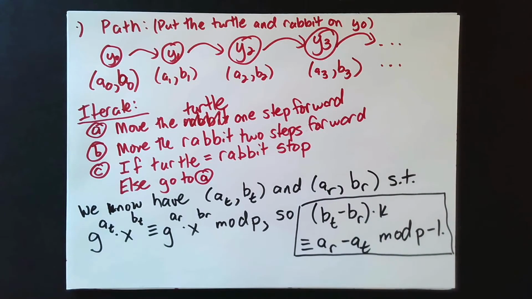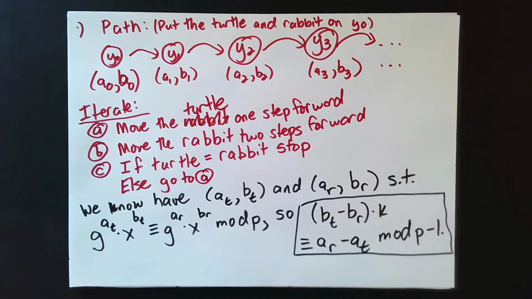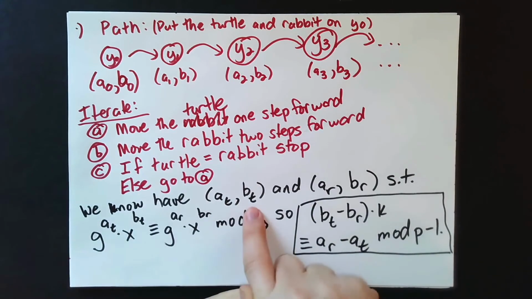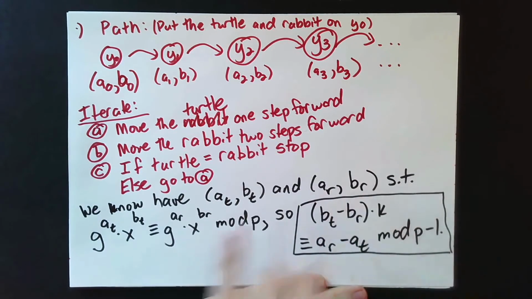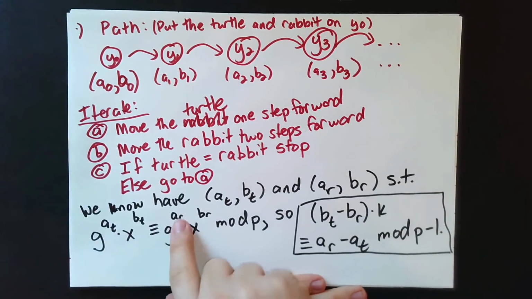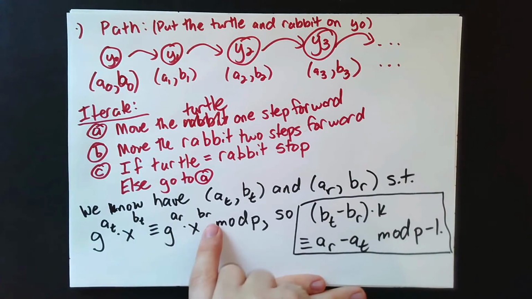Now, this is really useful, except there's one bad case that can happen. Namely, there's one really obvious way for it to be the case that AT, BT, and AR, BR have this property. Namely, it could be the case that AT is equal to AR and BT is equal to BR.